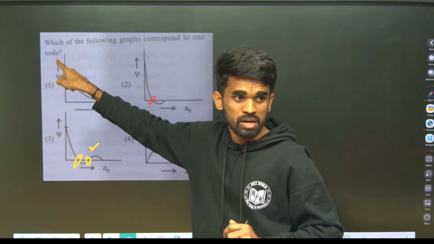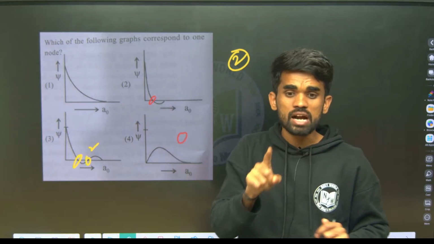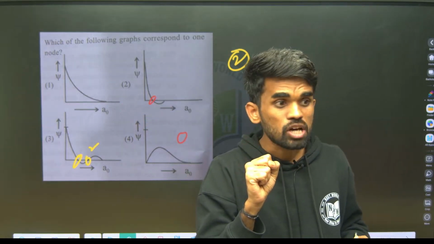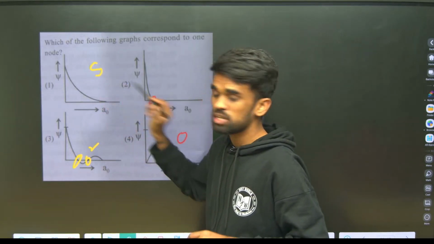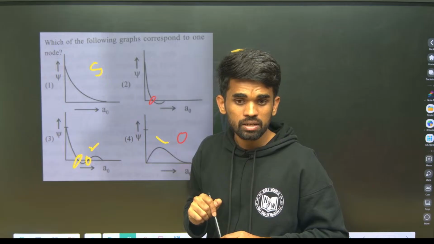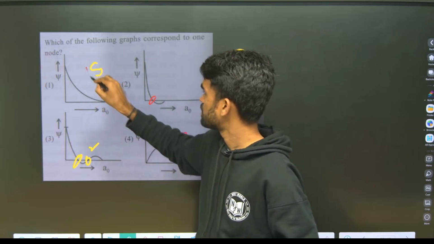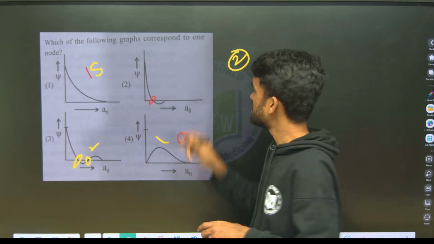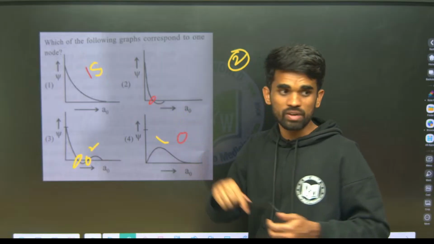Starting from maxima and having 0 nodes. Maximum will start only in case of which orbital? S orbital. So this is S orbital with 0 nodes. It means 1s. That's it. Is that clear? This one starting from maxima and having 1 node.